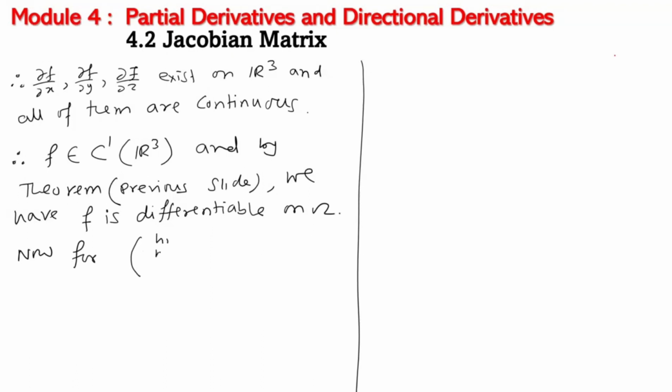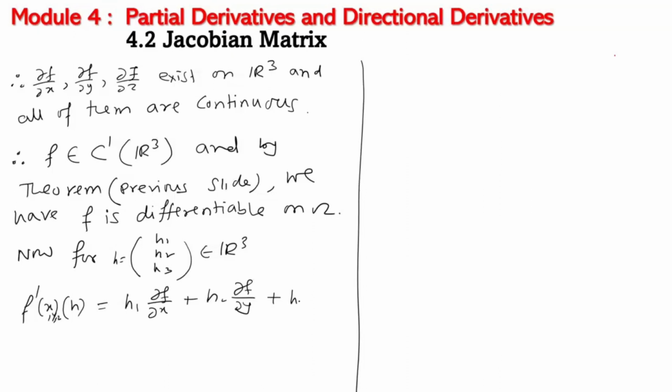for h1, h2, h3 belonging to R3, f'(x)h is equal to h1 del f del x at (x, y, z) plus h2 del f del y plus h3 del f del z.